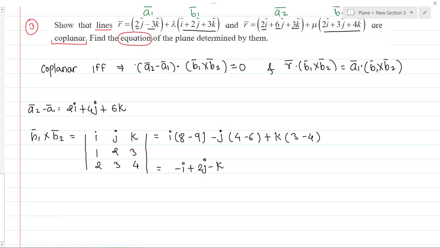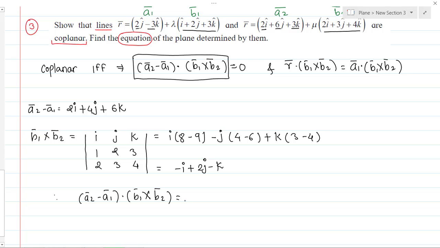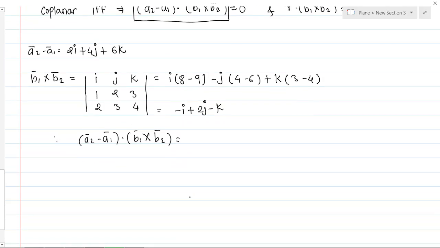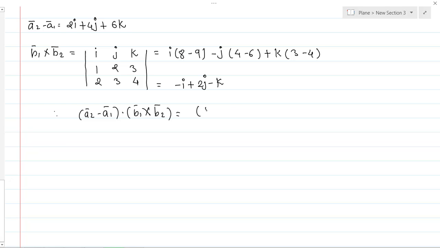Let's substitute in the first equation and check whether we get 0. So (a2 bar minus a1 bar) dot (b1 bar cross b2 bar) equals (2i plus 4j plus 6k) dot (minus i plus 2j minus k).